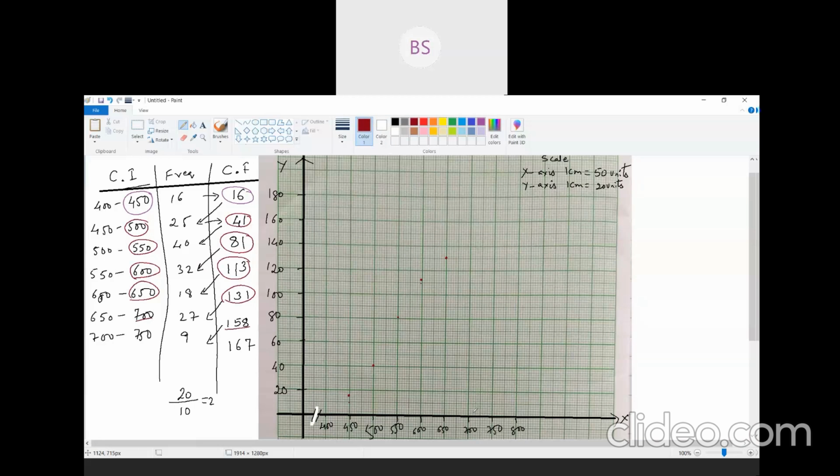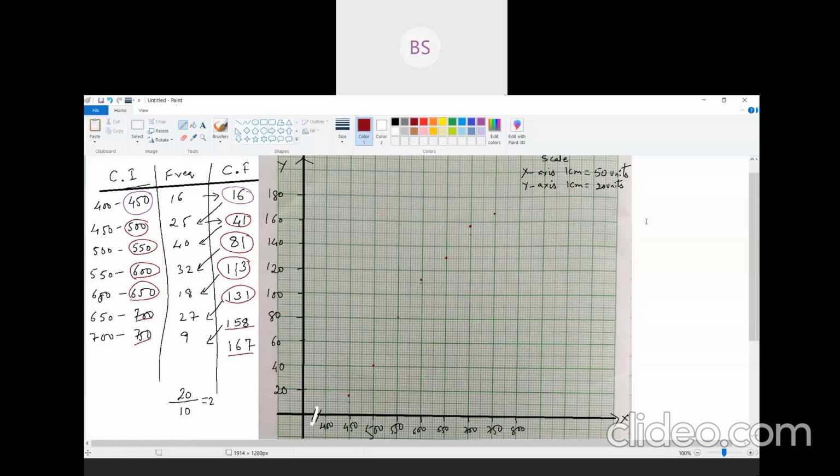So this is 150, so first this will be 152, 154, 156 and 158. So this point will be 158. And the last one is 750 and 167. So 750, now this is 160. The first line will be 162, 164, 166 and 168. So the center between them is 167, right?